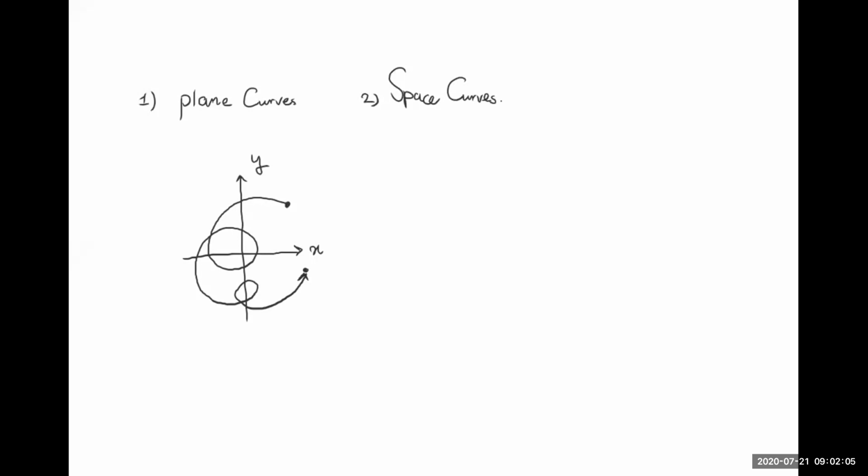That's just a plane curve. It doesn't have to be the graph of a function. It can be anything. Well, what is the most basic example? Lines are probably the most basic examples of plane curves.